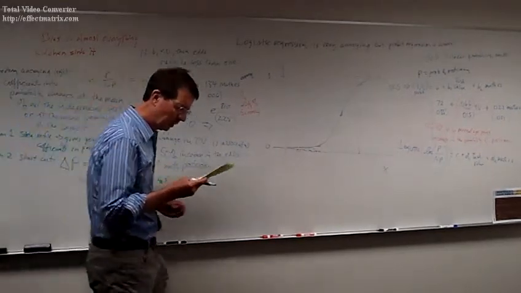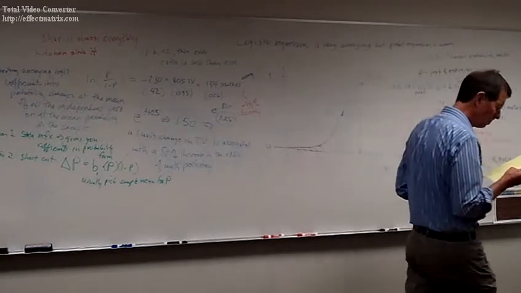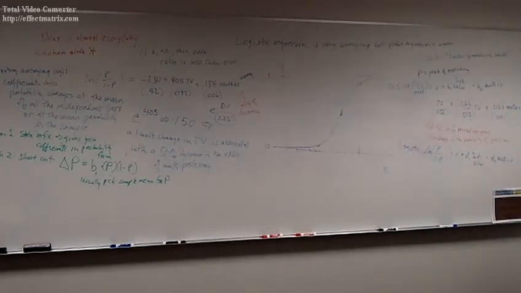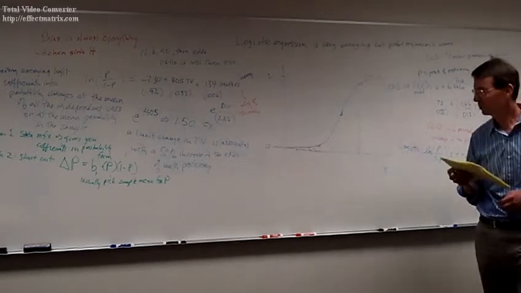So let's say the base probability for proficiency is 38.3%. Just remember that.